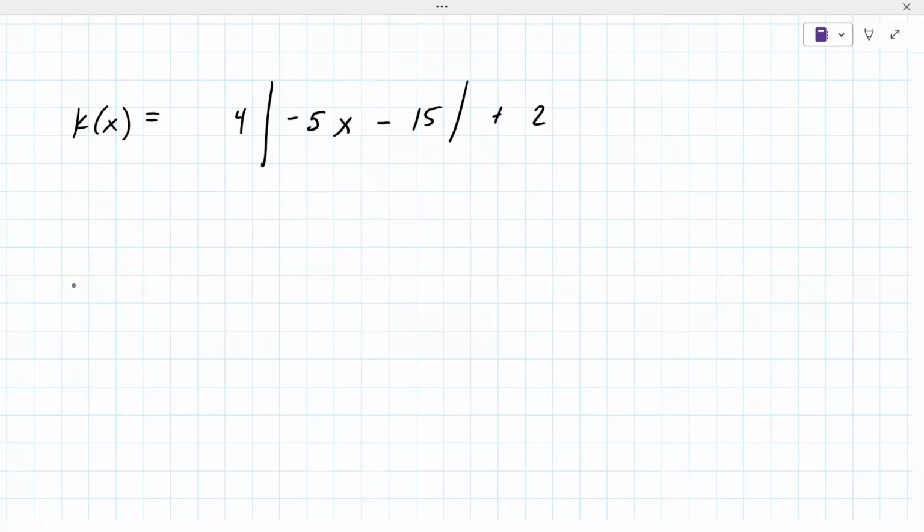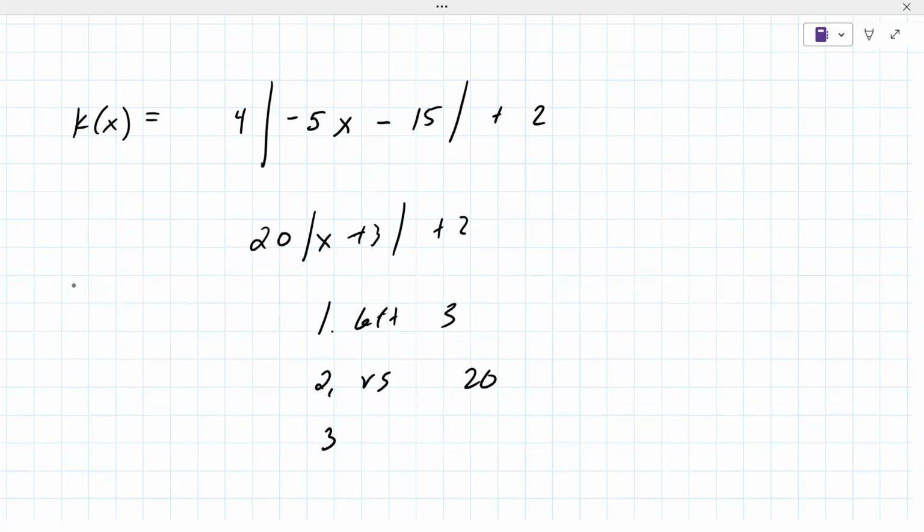Good. I got the transformations now. So I got k of x equals 20 absolute value of x plus 3, plus 2. Okay, perfect. And now can you give me the transformations? I got left 3, vertical stretch by 20, and up 2. Perfect. Okay. All right, good.